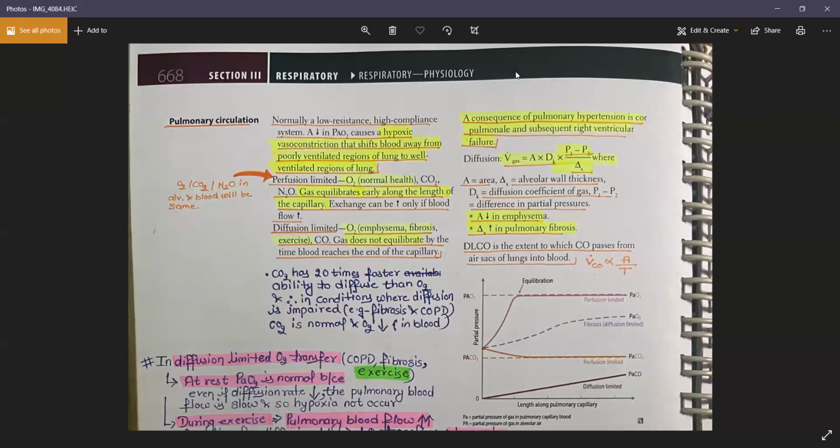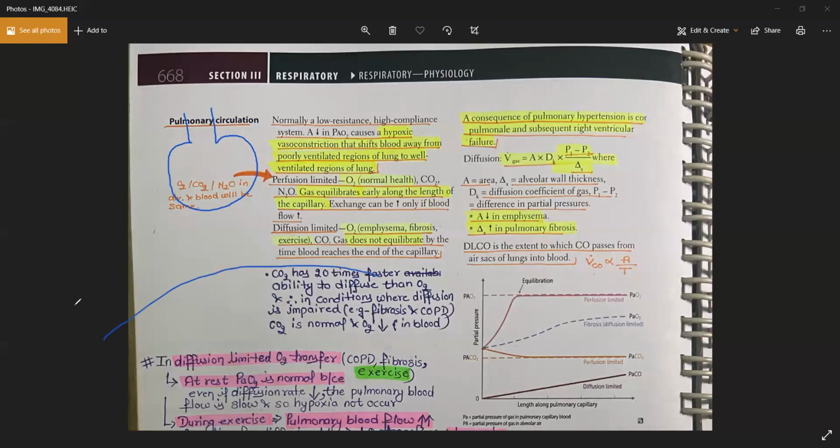For example, suppose this is an alveoli, and this is a blood vessel. Normally I will get some amount of oxygen here, and the blood is also here, right?